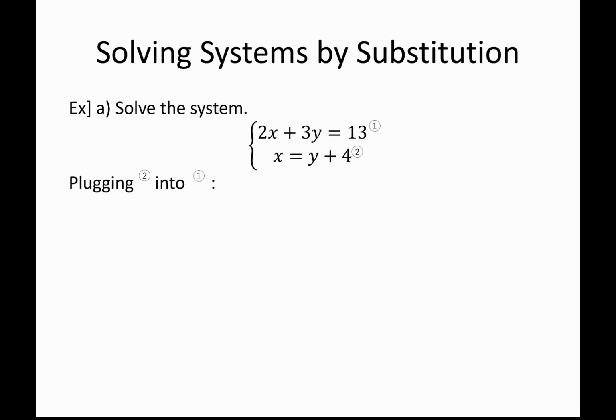So we're going to plug equation 2 into equation 1. I know my little labels here are floating up in space, so apologies if that looks a little jarring. What I mean is, in equation 1, the place where this x lives, where my cursor is hovering, I'm going to completely replace this x with the quantity y plus 4, and I'll do that by putting the y plus 4 in parentheses.